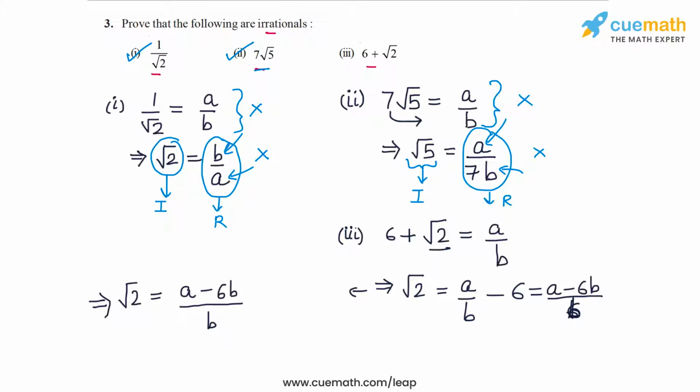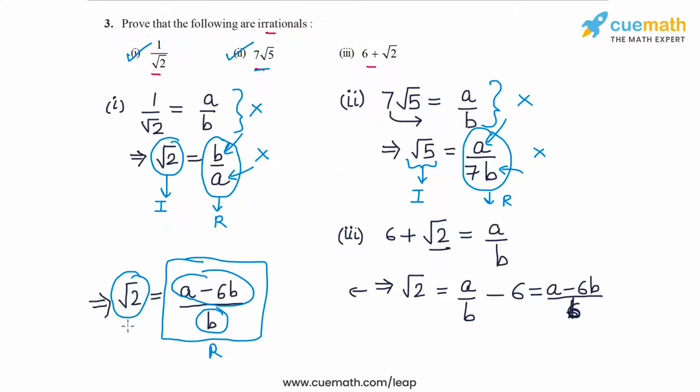Now in this equality, the RHS is rational because a minus 6b is an integer and b is also an integer. So the RHS is rational, while the LHS root 2 is irrational. So once again, this equality is an impossible equality to hold, and this contradiction is arising because of our original assumption of taking 6 plus root 2 as a rational number a by b.